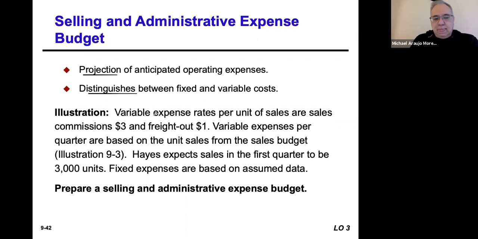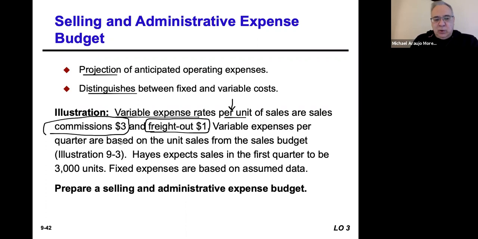So here we go. The variable expense rates per unit of sales are $3 for commission and $1 for freight out. So that's your shipping. So that's the variable part.